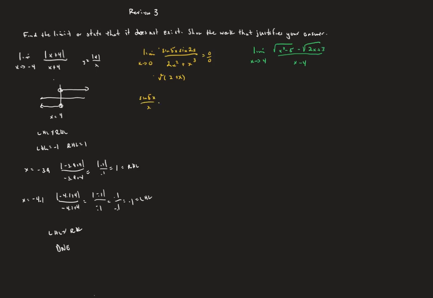So we could think of that as being sine 5x over x times sine 2x over x times 1 over the 2 plus x. Then, trying to make these denominators and what's inside the sine function look the same, approach 0 at the same rate, we can multiply here top and bottom by 5, and here we can multiply top and bottom by 2.